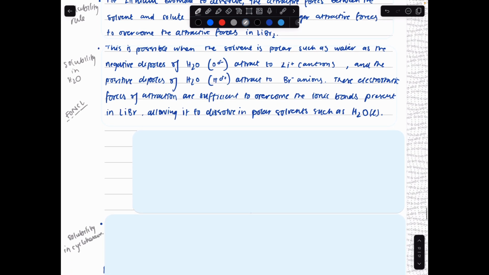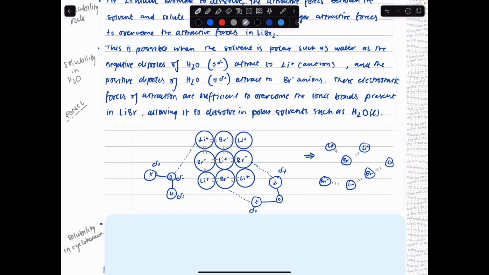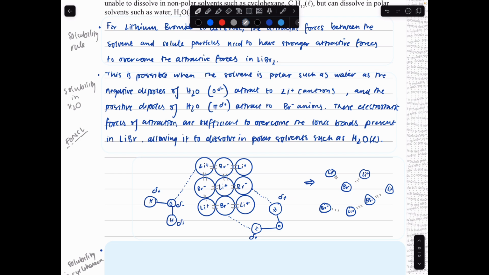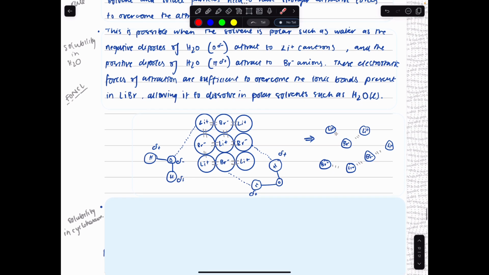I've drawn a diagram just because it's easy to understand. So as you can see, lithium bromide is held together by positive lithium cations and bromine anions. And so between these are strong ionic bonds, which are held together by electrostatic forces of attraction. So the forces between the polar water have to be strong enough to overcome these ionic bonds within lithium bromide.